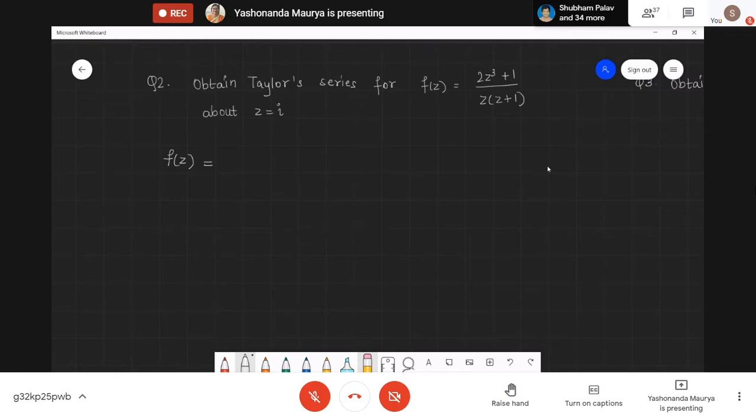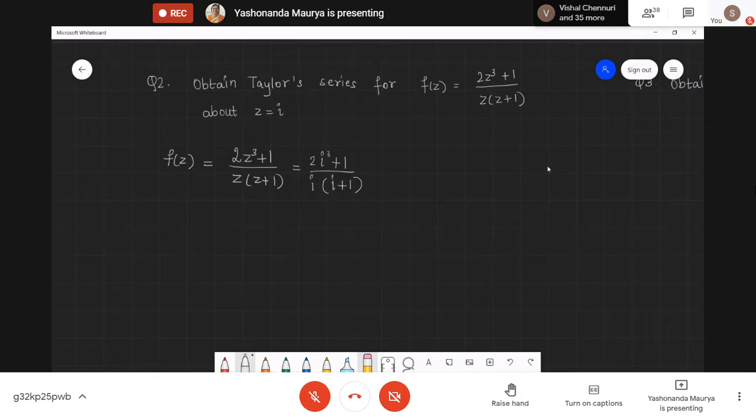So what will be the simplification of this function? 2z cube plus 1 divided by z into z plus 1.